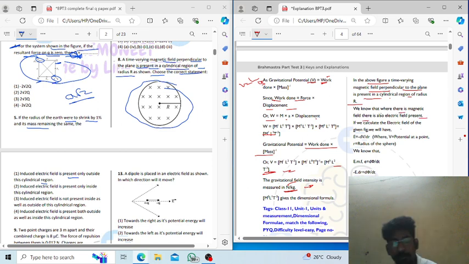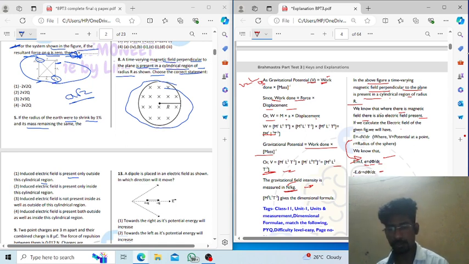So electric field is given by the formula E equals minus dV by dr, that is the slope of potential. We know that the EMF is given by dφ by dt. If we equate these two equations, you will get minus dV by dr equals dφ by dt. So from that equation we can say E equals dB by dt, where B is the magnetic field.